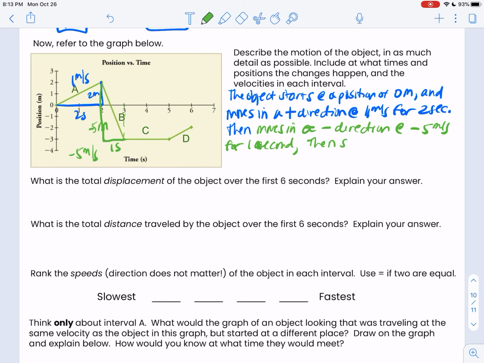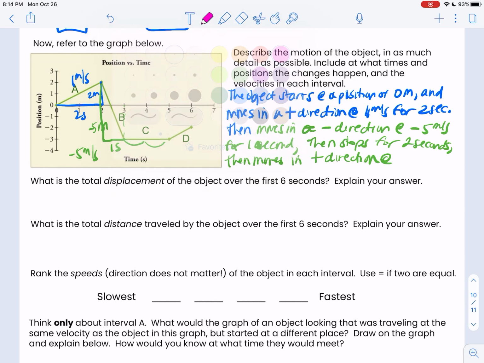Then it stops for 2 seconds. Then it moves in a positive direction at, let's see, 1 meter per second for 1 second.